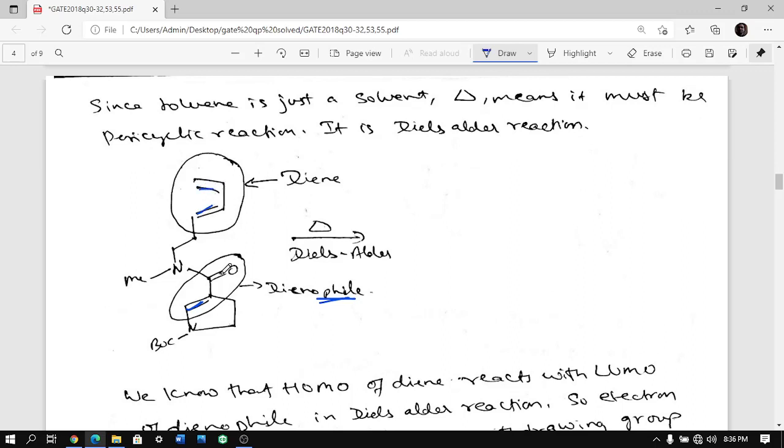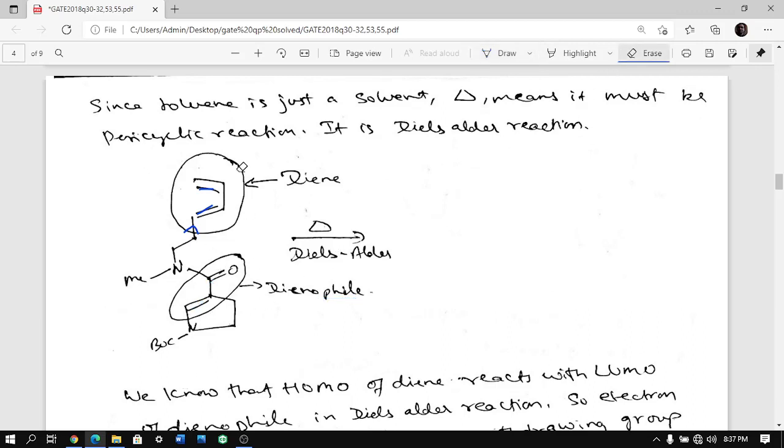Another important thing is the HOMO of the diene, that is the highest occupied molecular orbital, which has electrons. So an electron donating group helps it, and an electron withdrawing group will favor the reaction on the dienophile, because the LUMO is the lowest unoccupied molecular orbital. So it is the vacant one which will attack.